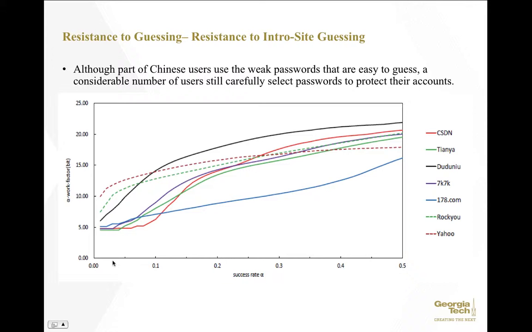As you can see, as the alpha increases, the curve increases dramatically. It means if the attacker wants to achieve high cracking rates, then they need to put a lot of effort into guessing the passwords.